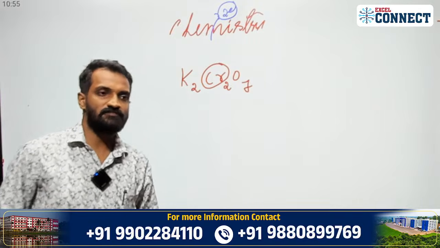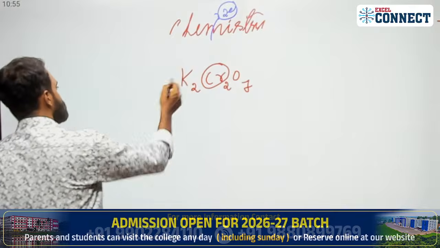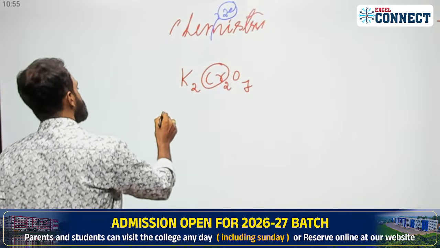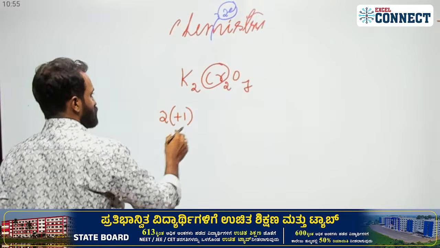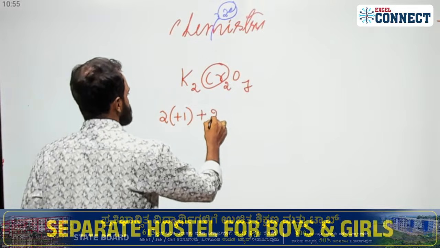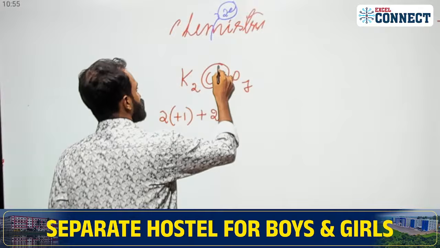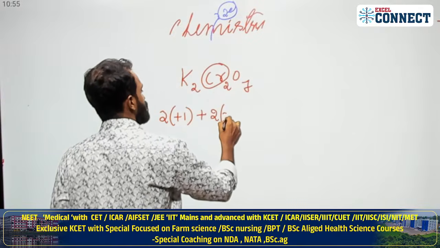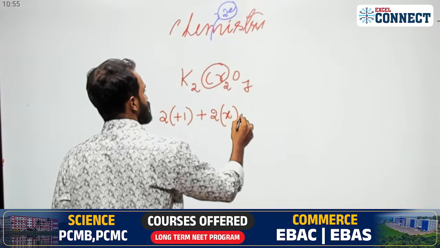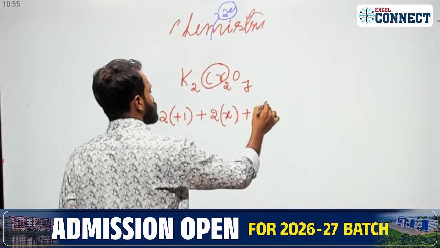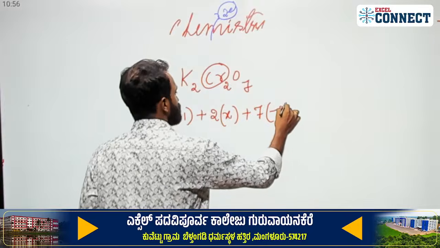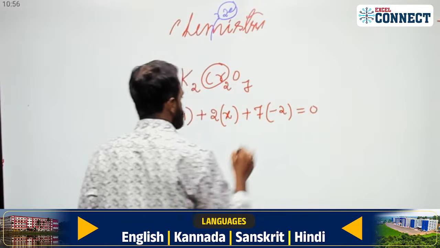Any idea? Here potassium is 2 potassium, it is an alkali metal, its oxidation state is always +1. And here 2 chromium is there, but the chromium oxidation state is not known, so you have to find it, it is taken as x. And 7 oxygen is there, already mentioned oxygen's oxidation state is always -2, and the total is equal to 0.